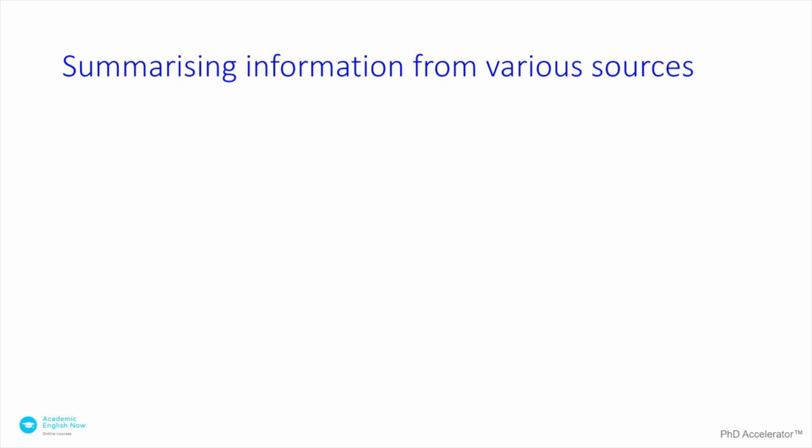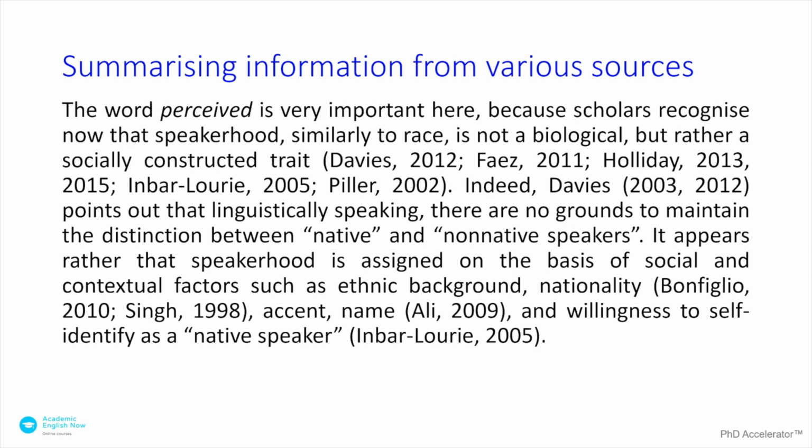Now, another way to summarize information from various sources is this, right? So in here, the writer isn't really summarizing what has happened in the last 20 years or something like this, right? In here, rather, the writer is making important points, and each of these points is supported by more than one reference. Like, for example, the first point has 1, 2, 3, 4, 5 references, right? But there is no, like, several studies have studied this, or since 2010 research has shown.